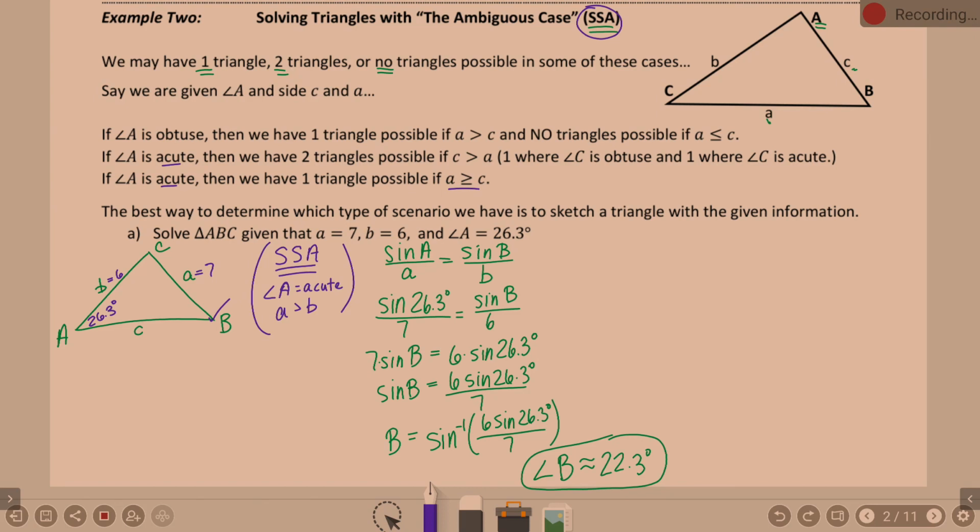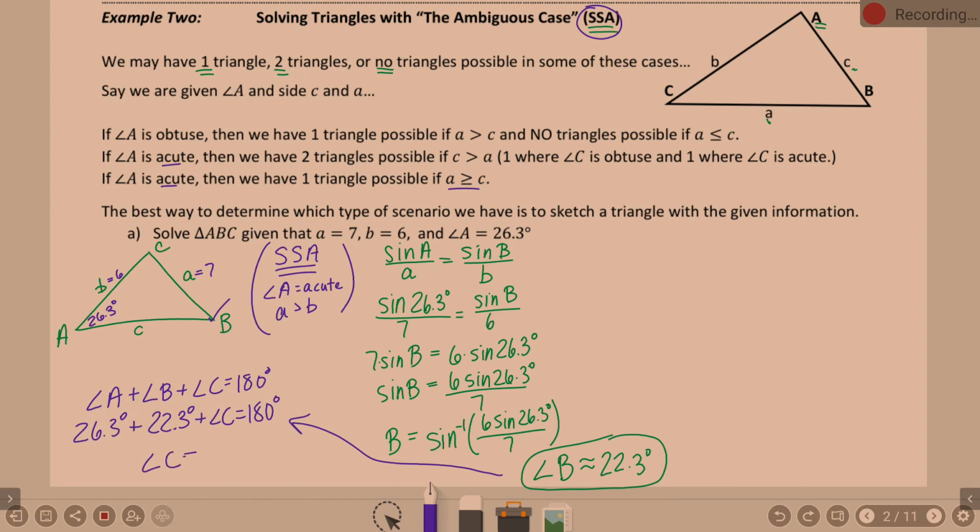I'm actually going to throw that over under here where I have a little extra space. So back to the fact of angle A plus angle B plus angle C equals 180 degrees. So 26.3 degrees plus 22.3 degrees plus angle C equals 180.